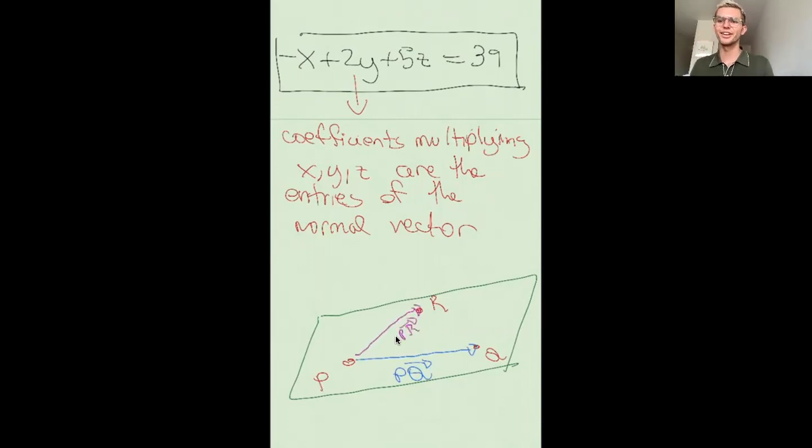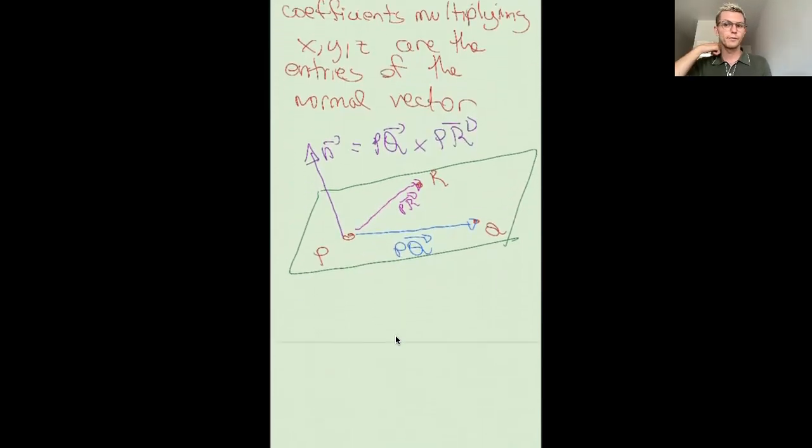What do you think you could take the normal vector to be in this case? You still need something that's perpendicular to both vectors, right? So you can take the normal vector to be PQ cross PR. So you can find N if you're given 3 points on the plane. Okay.